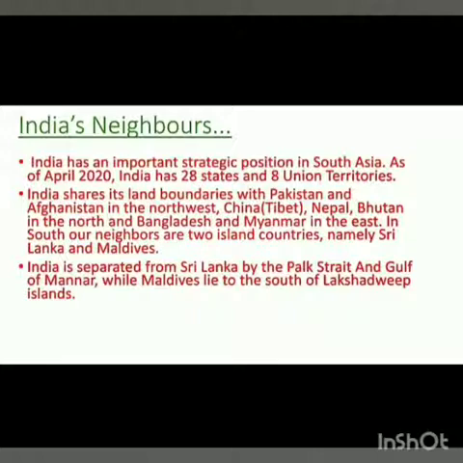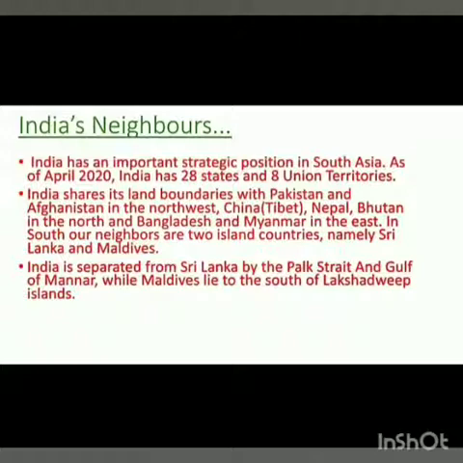In the south, our neighbors are two island countries, namely Sri Lanka and Maldives. India is separated from Sri Lanka by the Pak Strait and Gulf of Mannar. Maldives lie to the south of Lakshadweep Islands.